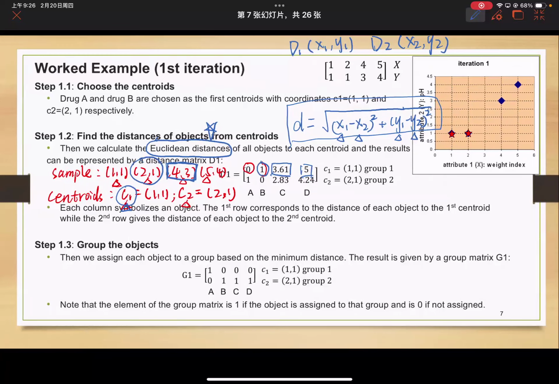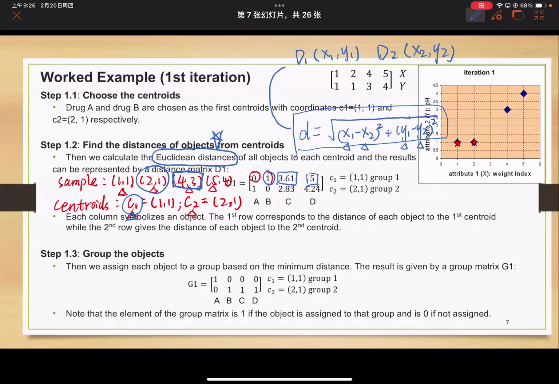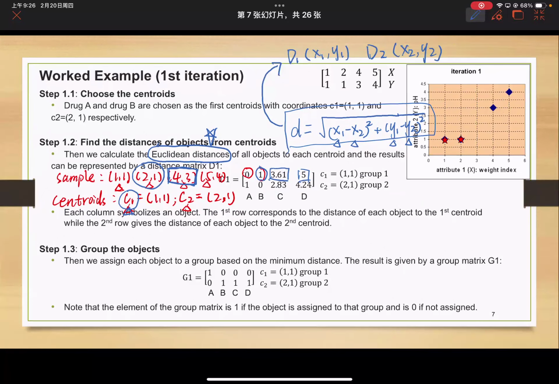We use this formula to calculate the distance between D1 and D2. This is how we calculate the distance between data points. In this case, we're calculating the distance between the data points and the centroid, and the centroid is also actually a kind of data point. So we can just put the numbers inside this formula to calculate the distance.